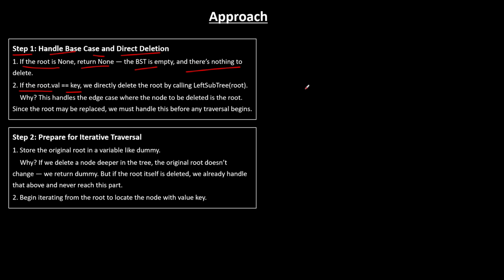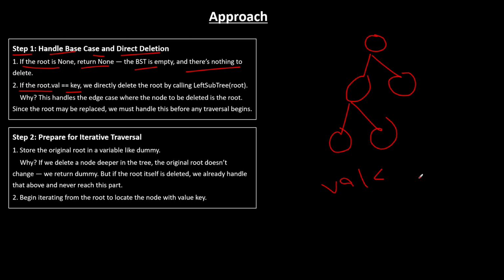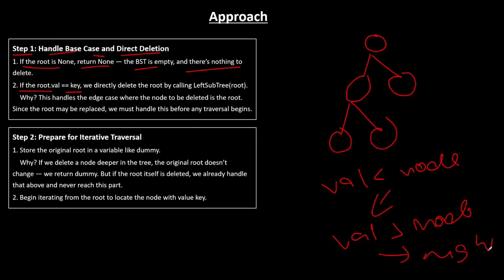And before going to that, if the deletion node is in the middle, we were using the BST property. If the val is less than the node, we go to the left. If val is greater than the node, we go to the right. This is the BST property to search a particular value.